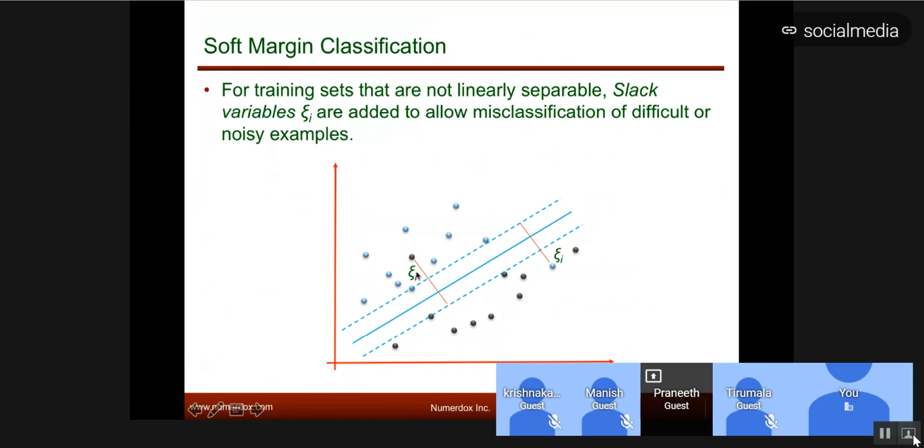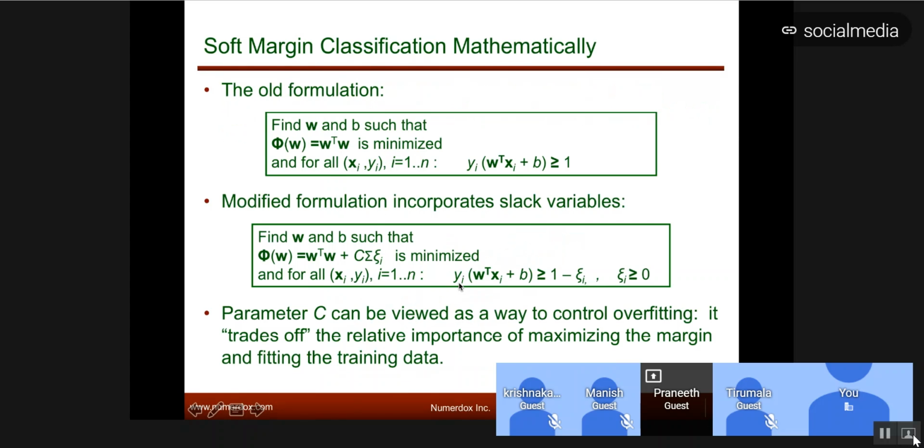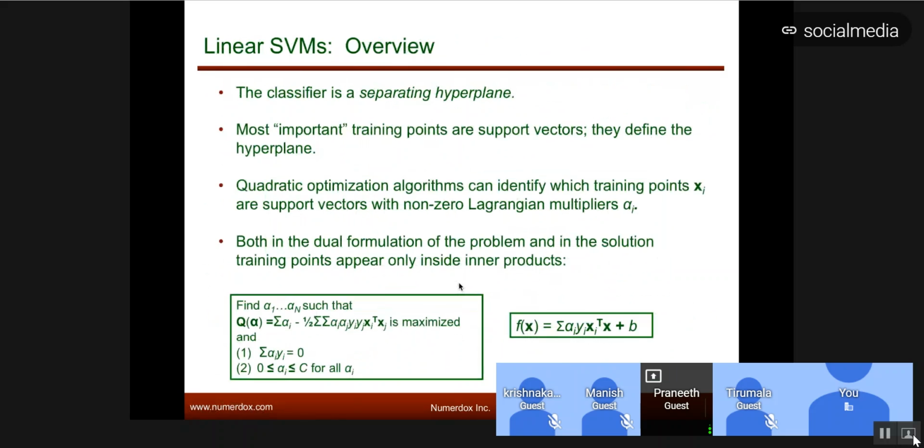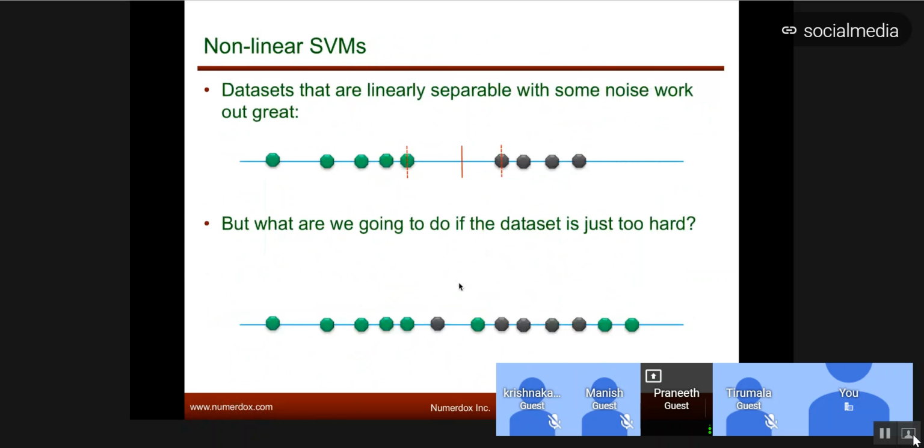So if a black which was supposed to be on this side ended up here, and a white which was supposed to be on this side ended up here, it's allowing for a little bit so that you're not fitting exactly through the data and memorizing it, because you might be overfitting. So based on cross validation, if you're required to underfit, the slack variable allows for that, making a few errors. Those were the concepts that we covered.